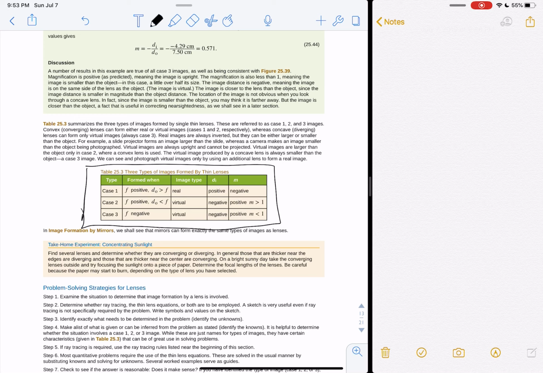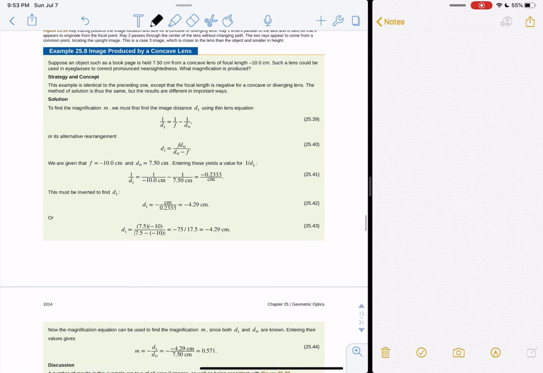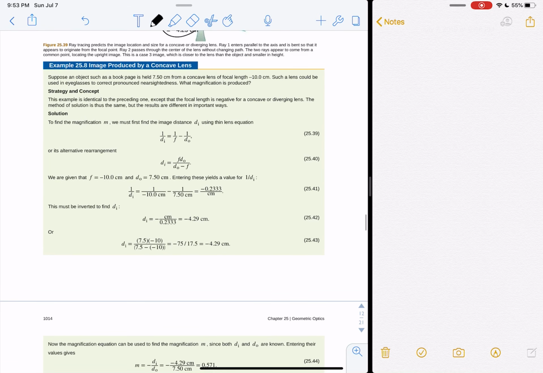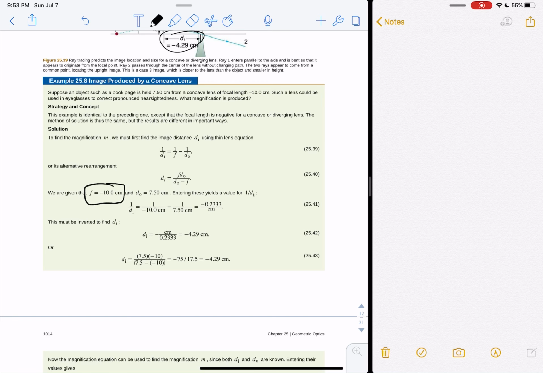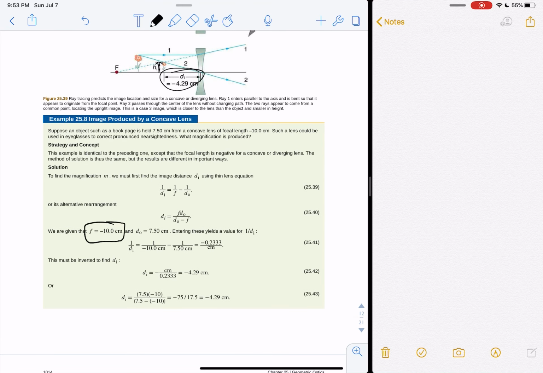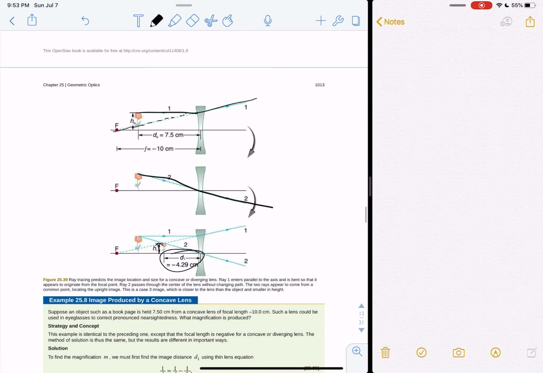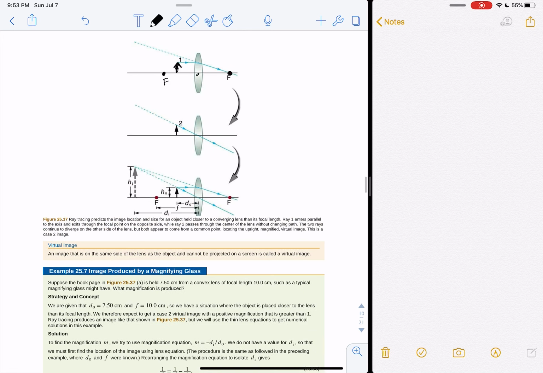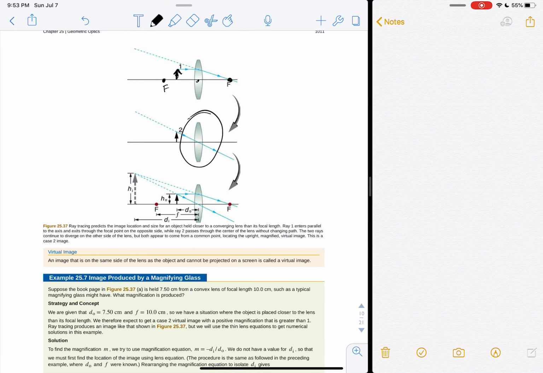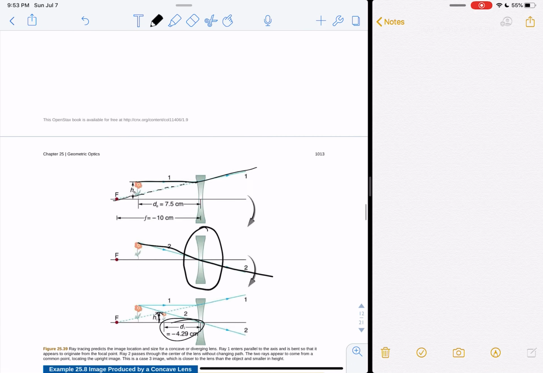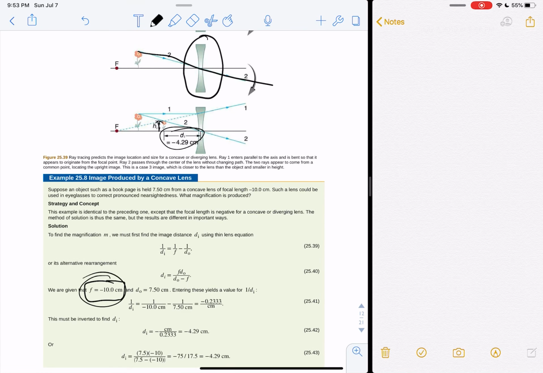In the case of a diverging lens, the focal length is always negative. So if you are told that a lens has a focal length of minus 10 centimeters, since it's minus, you already know it's a diverging lens and not a converging lens. Converging lenses always have positive focal lengths. Diverging lenses always have negative focal lengths.